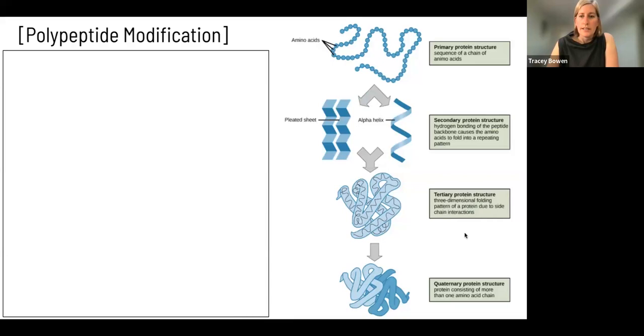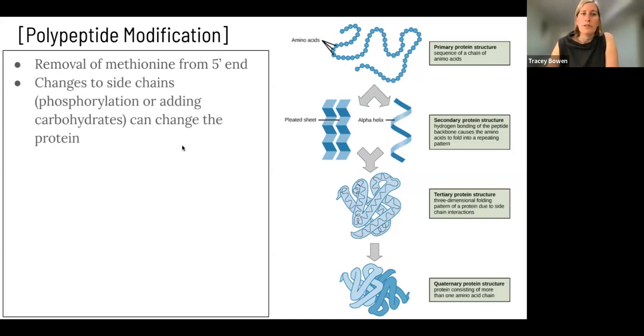Once that protein is made, it's also going to go through some different modifications. It's going to have that methionine removed from the 5' end. There could be changes to side chains like phosphorylation or adding carbohydrates onto the protein to change it. It could fold into its tertiary structure. So it's going to have different interactions happening there because of things like disulfide bridges, ionic bonding, covalent bonding.